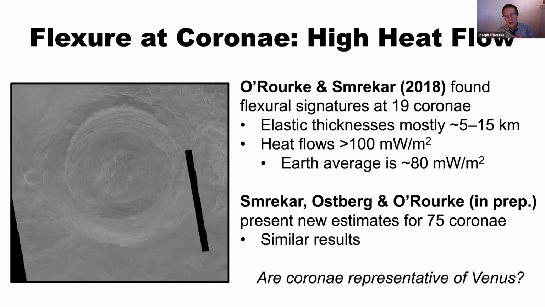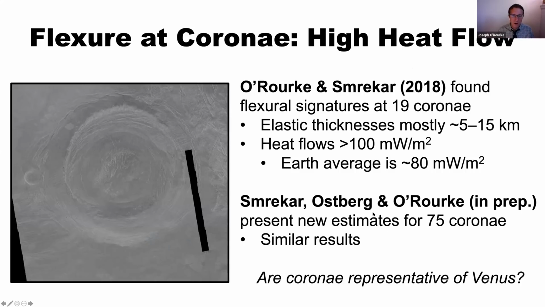So the big question here is whether or not these coronae, these elastic thickness inferences, are representative of Venus globally. So technically, it could be the sort of regional average, or it could just be the peak heat flow that happened during the formation of the coronae that we're inferring here.